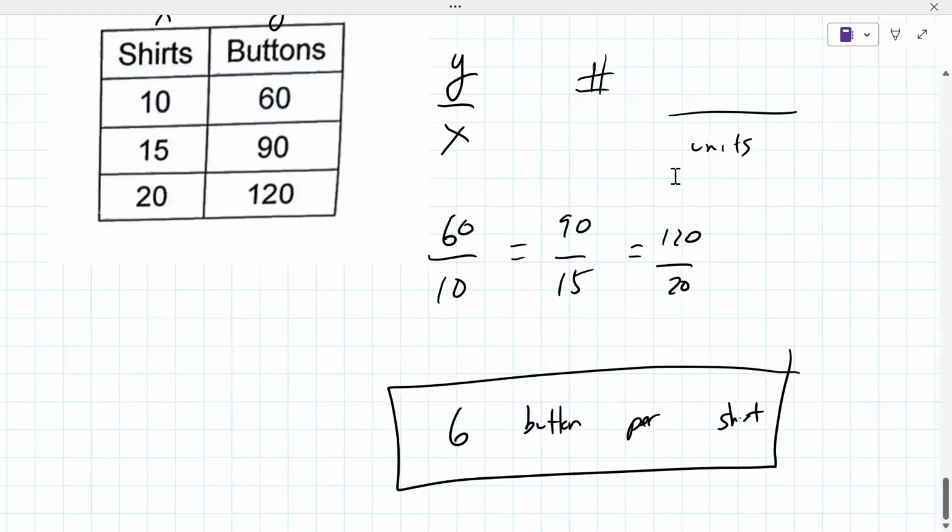All right. So the units are just as important as the actual number. All right.